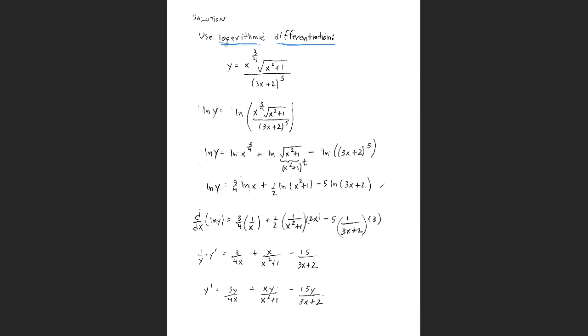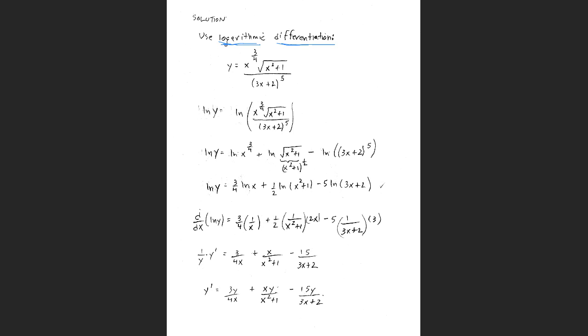You see, you know how to do implicit differentiation. So with that knowledge, you can use logarithmic differentiation to find the derivative of this very complicated function. So how does this work?